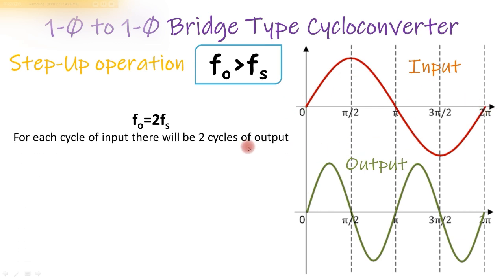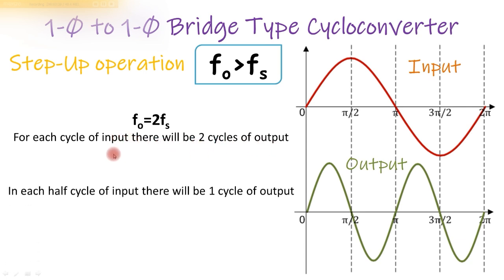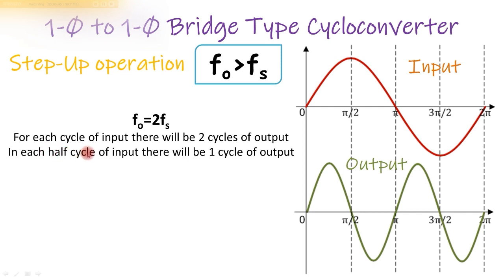So each cycle of input will have two cycles of output. In that case, each half cycle of input will have one cycle of output. Each half cycle has one complete cycle of output.